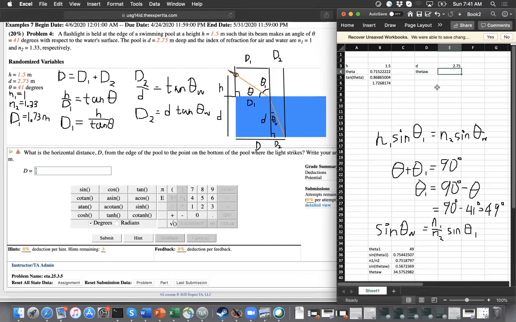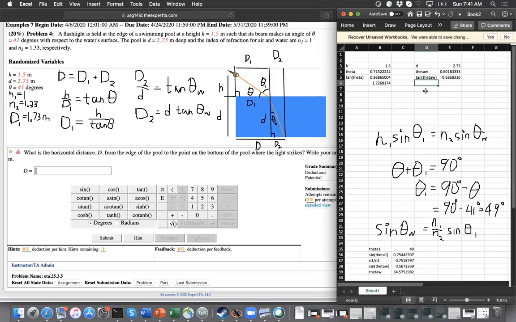We know theta w is 34.5, so change it back into radians. Obviously, you don't have to do this, but I'm going to. And then tan of theta w is equal to the tangent of this.